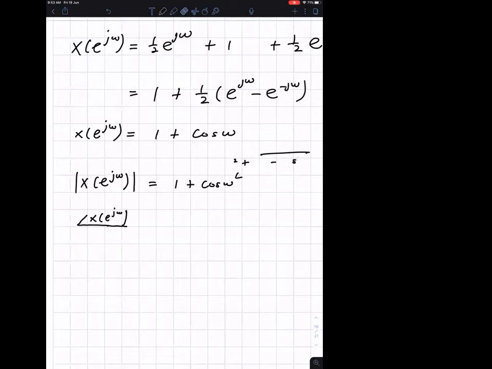Similarly, go back to the basics to find the phase. To find the phase is tangent inverse of the imaginary part over the real part. Imaginary part is 0.